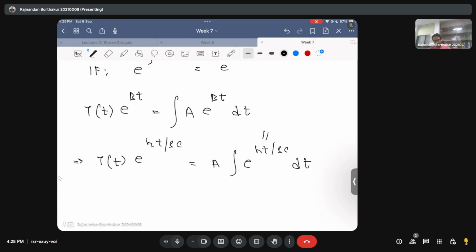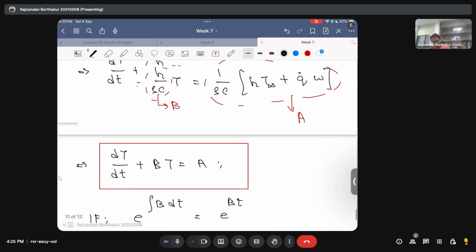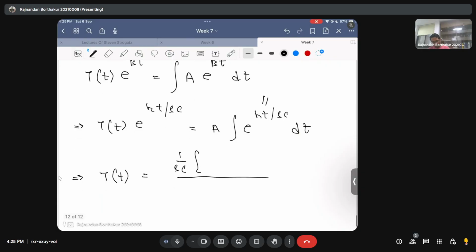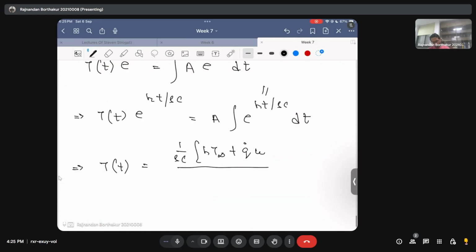You just have to do this integral. You can write this a as 1 upon rho c times (h T infinity plus q dot w). Okay, this is a.